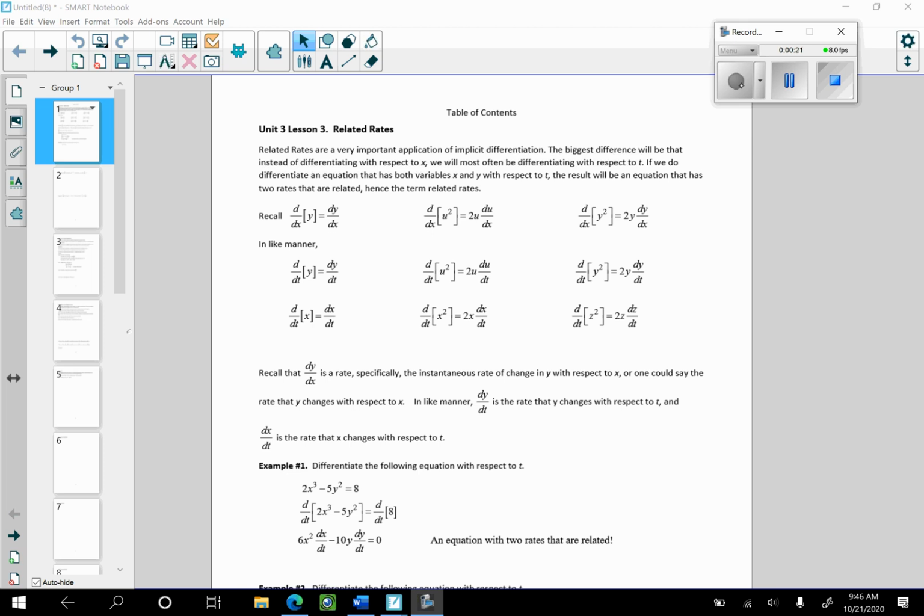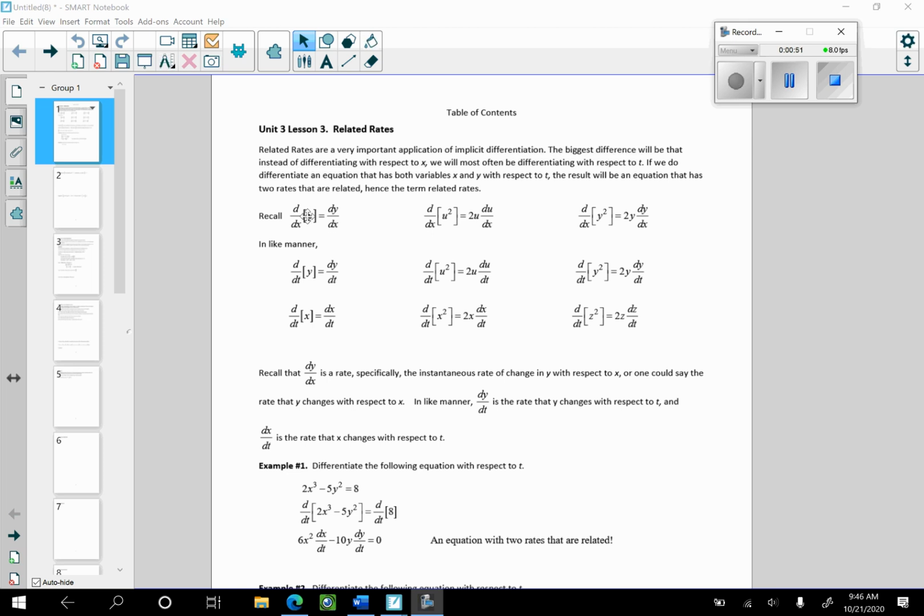If we differentiate an equation that has both variables x and y with respect to t, the result will be an equation that has two rates that are related, hence the term related rates. Before we discuss some actual related rate problems, let's do some differentiation with respect to different variables.